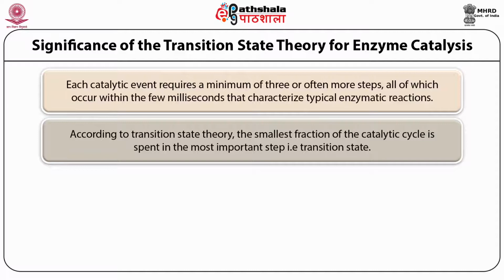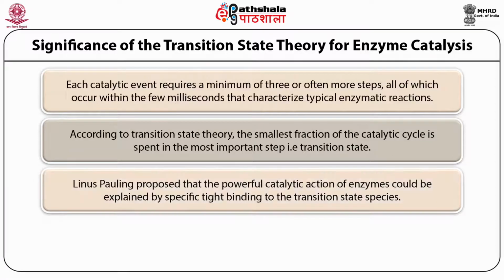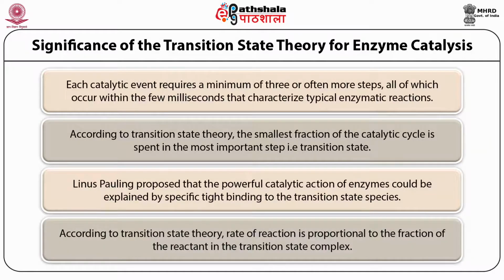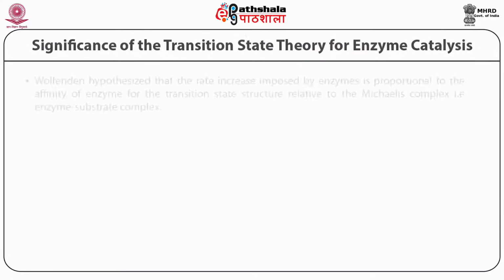Pauling proposed that the powerful catalytic action of enzymes could be explained by a specific tight binding towards the transition state species. According to transition state theory, the rate of reaction is proportional to the fraction of reactant in the transition state complex.